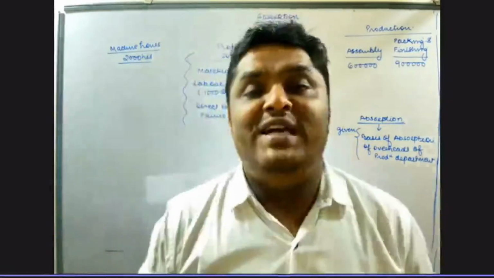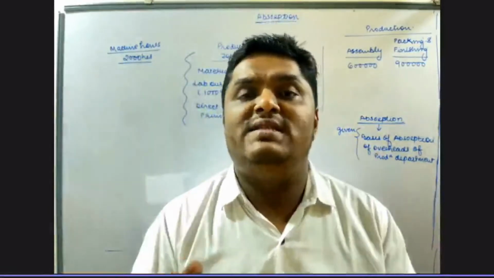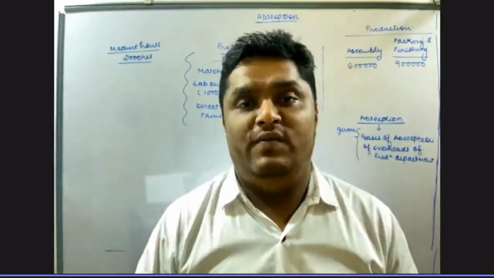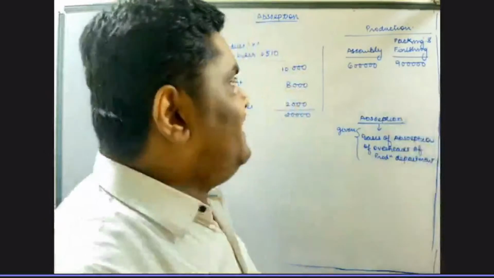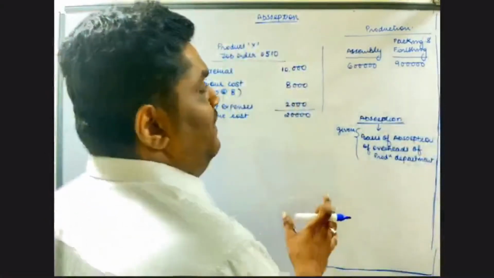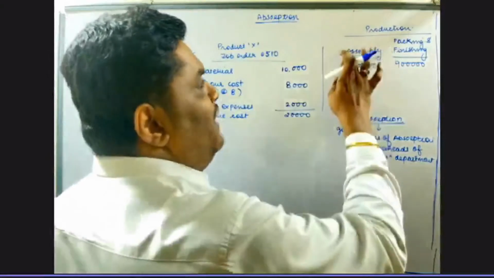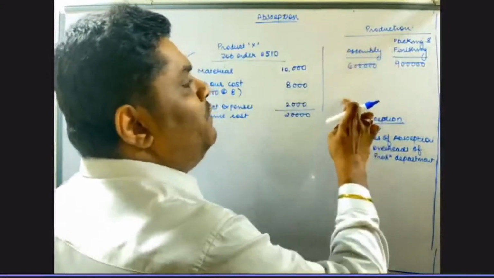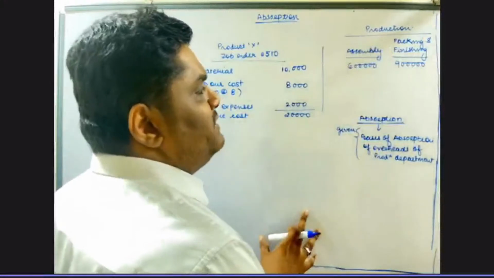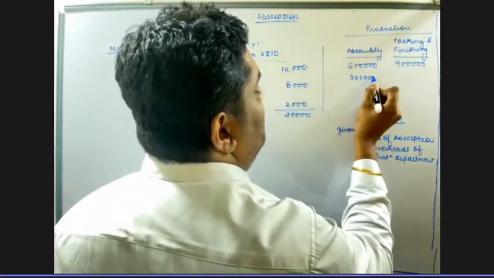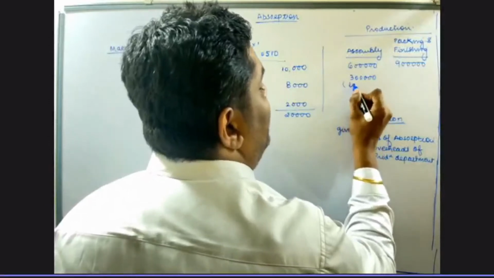But if it is not given in the question, then yes, you have to use your mind and identify the basis of absorption. Let's say in this case, it is given that the overheads of assembly department are to be absorbed on the basis of labor hours, and the total labor hours are also given, let's say 3 lakh hours. These are my labor hours.